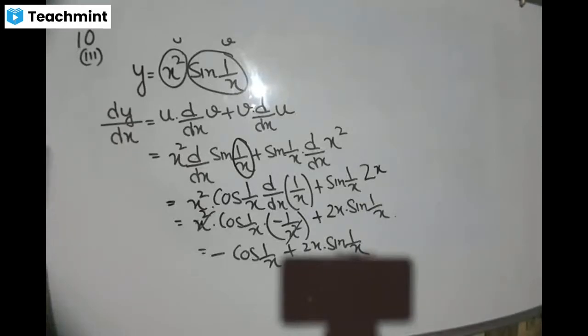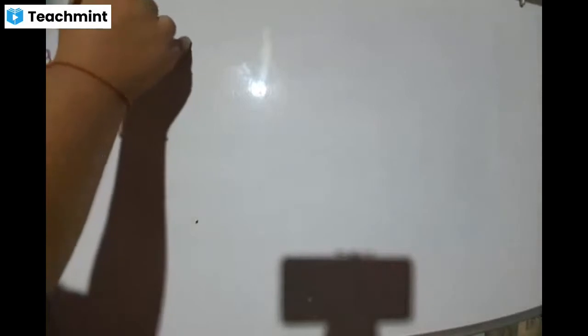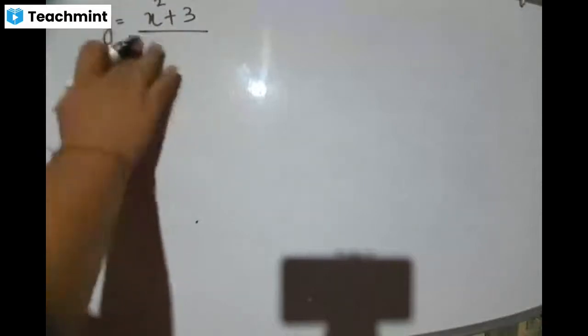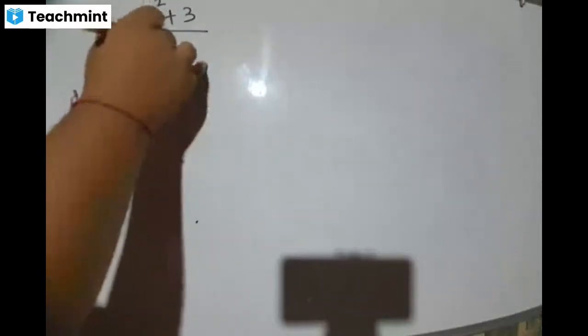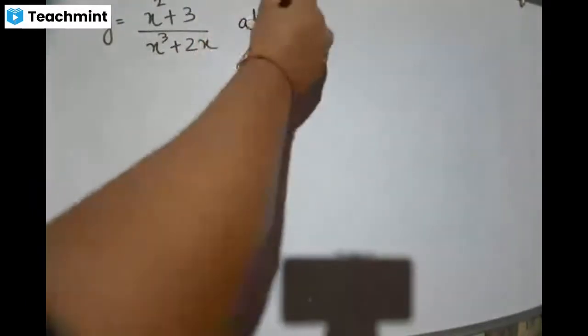And now I'm going to do quotient rule. See, quotient rule, y equal to x square plus 3 divided by what was it, x cube plus 2x at x equal to 1.